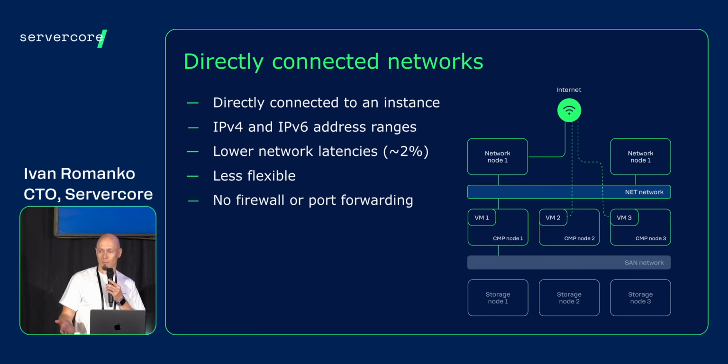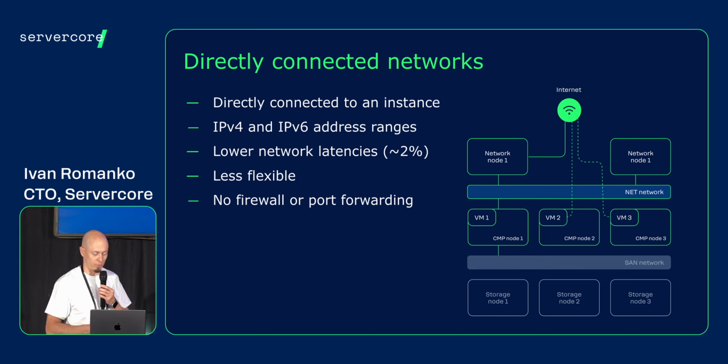These networks are less flexible. You won't be able to quickly reassign an IP address from this network between different servers, because this address should be set up on a server network interface. And in order to do that, you will have to use some kind of automation: Ansible, Puppet, any provisioning tool.